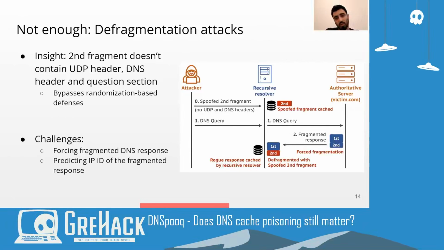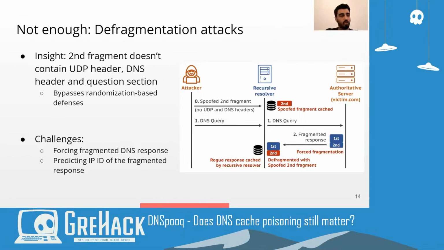In the DNS header, we have the transaction ID. And in the question section, immediately following the DNS header, we have the domain name, which in the case of 0x20 encoding is mixed case. So if the DNS response is fragmented, all of these randomization-based defenses appear in the first fragment, but not in the second fragment, where the answers to the query lie.